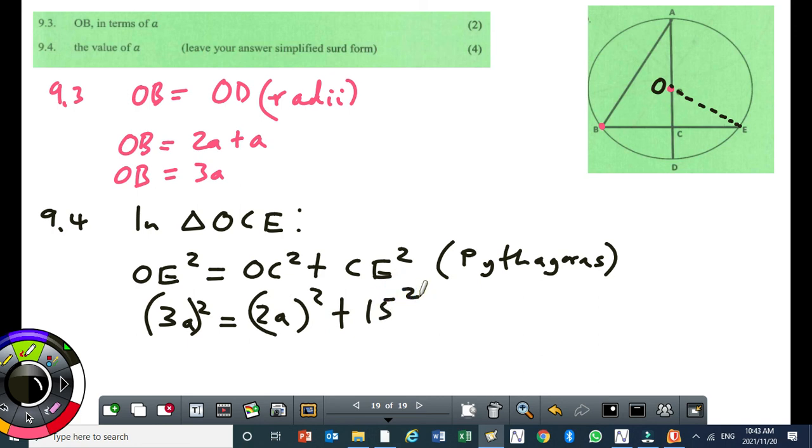Then everything else is algebra. So this is 9A squared is equal to 4A squared plus 225. Okay, so I'll get 5A squared is equal to 225.